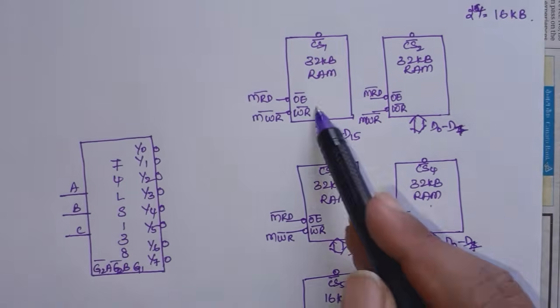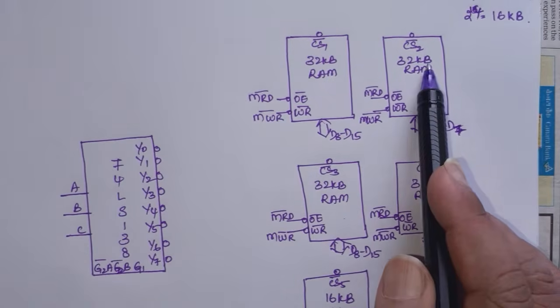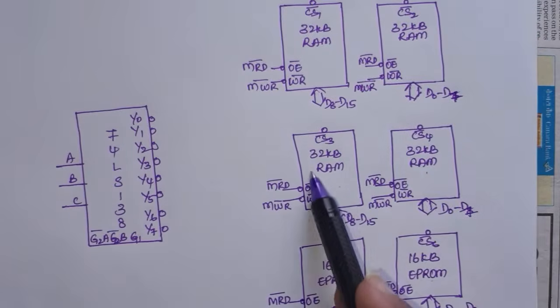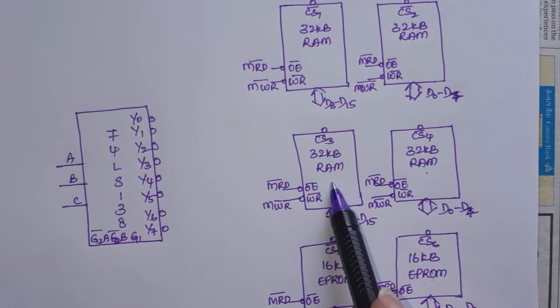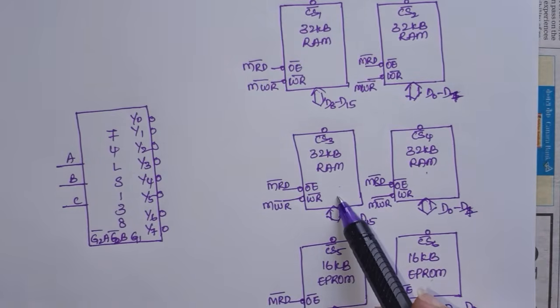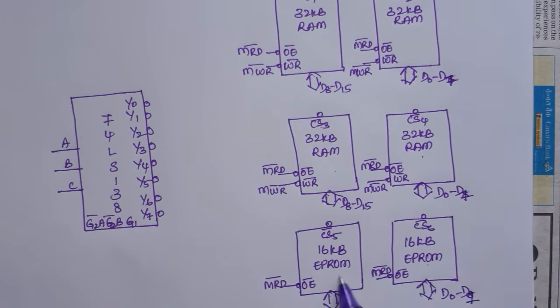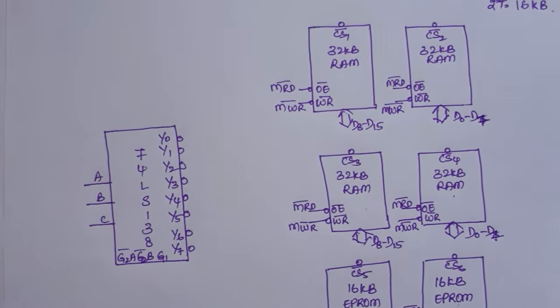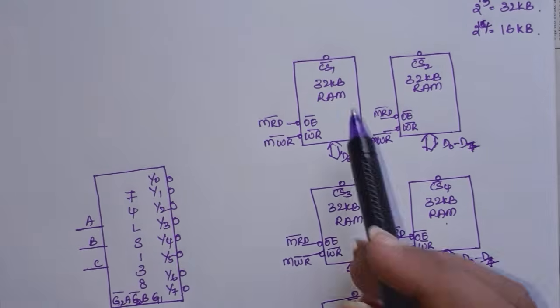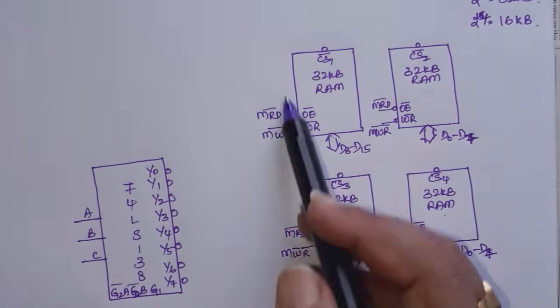Okay, so this pair is 64 KB RAM. This pair is another 64 KB RAM. Total it is 128 KB RAM, and this pair is 32 KB EEPROM. Okay, so here I have shown almost all the signals.